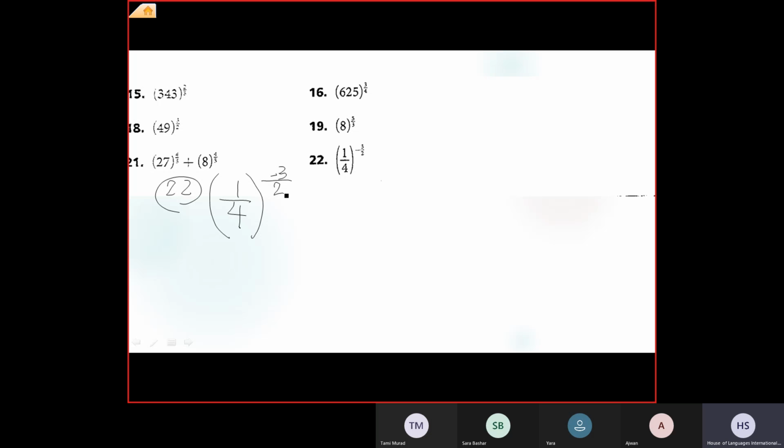What is the power? Is it positive or negative? Negative. So if it is negative, what do you have to do? If we have a negative exponent, what do you have to do first? Two things. We have negative exponents.